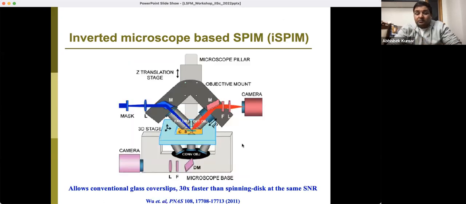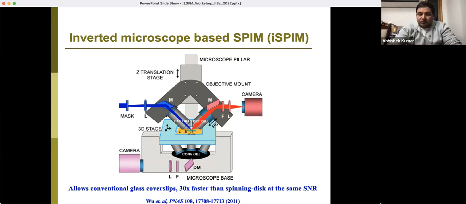But there are some samples which you can't mount in a capillary, and Dr. Harish Rao, when he started his lab at the NIH, wanted to do cell biology using light sheet. So he came up with this geometry. Can't we mount these lenses orthogonally, but in a vertical stage, so that you can do your conventional sample prep, whether you want to do cell culture or mount an embryo, come from the top, and you illuminate from one side and detect from the other side.